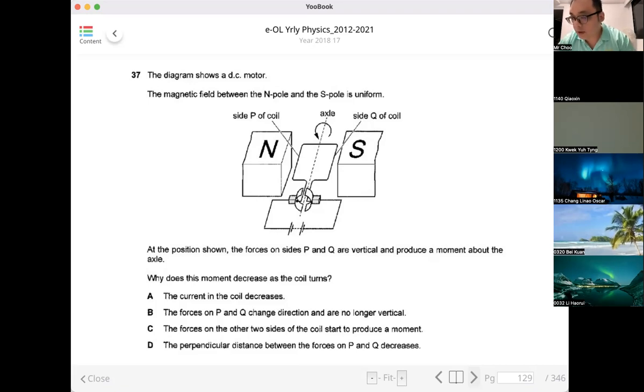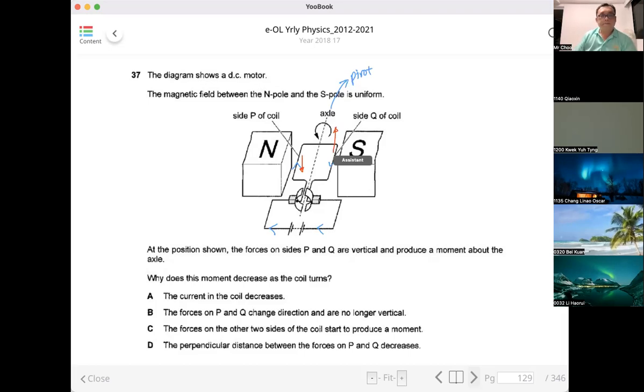Okay, so what happened here is the axle is the pivot. Am I right? And then in this case, current flows this way and comes back. Correct? So let me use the left hand rule. Magnetic field, current. Okay, so the force on the left side is coming down, on the right side is coming up.